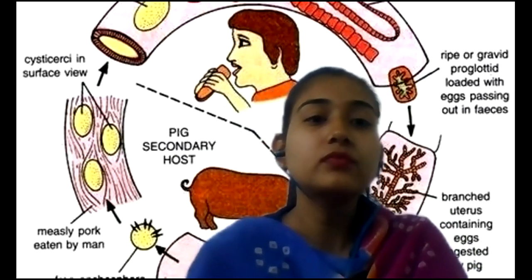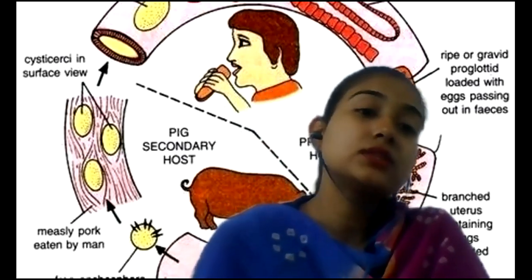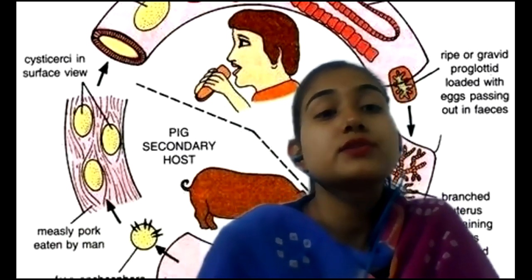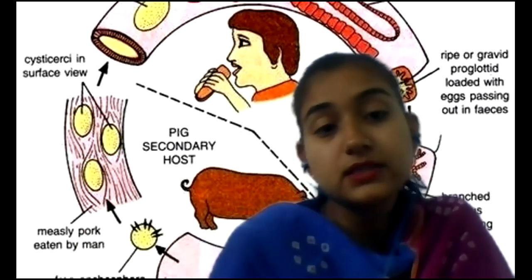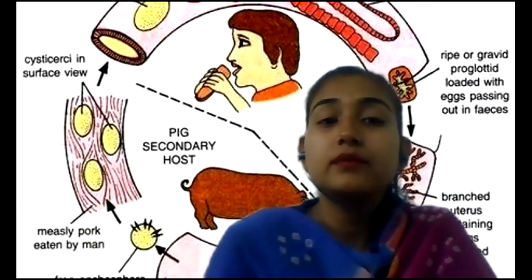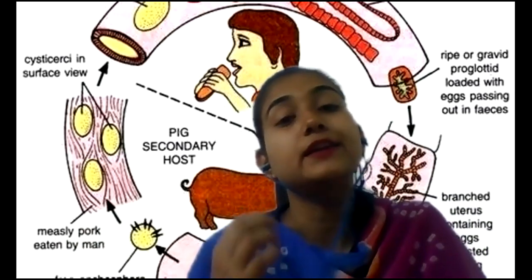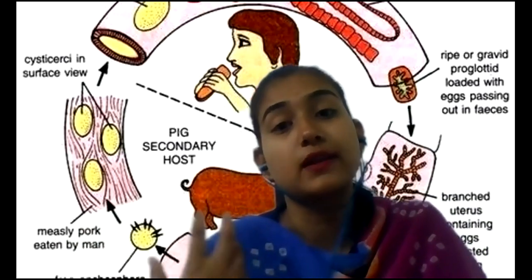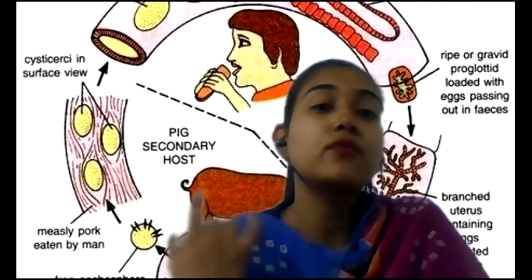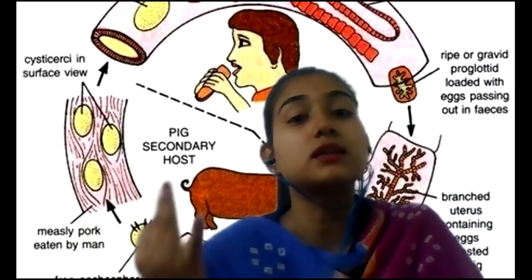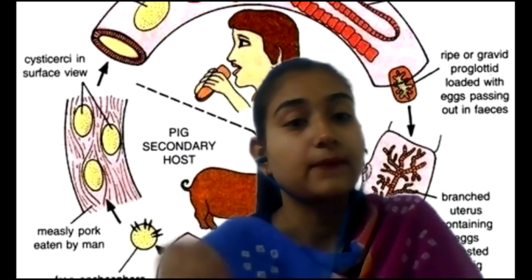Okay, so diagnosis of Taenia saginata infection. Firstly, teniasis: confirmative diagnosis is made by finding segments or eggs in stool. First, direct fecal smear. Second, brine flotation test. Third, cellophane tape technique.